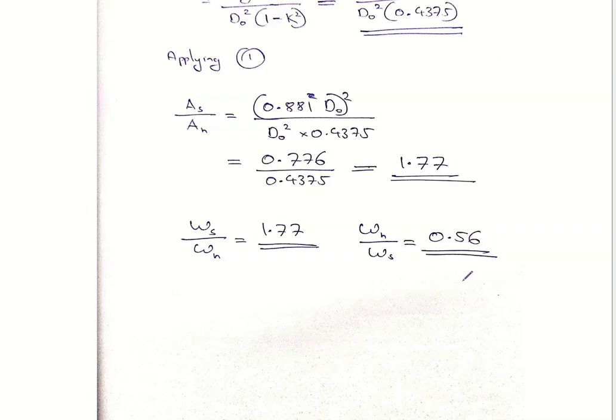One important thing to note from this problem is, for resisting the same torque with same maximum permissible shear stress, the hollow shaft is taking much less weight or consuming much less material compared to solid shaft.